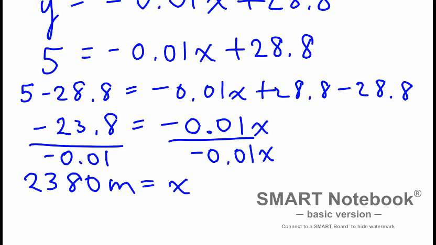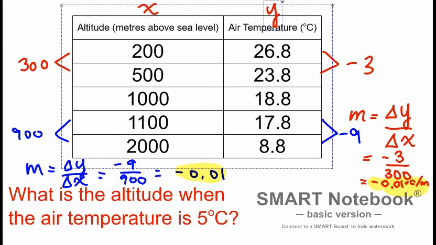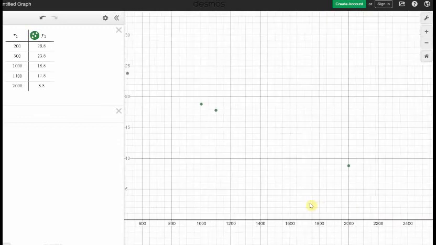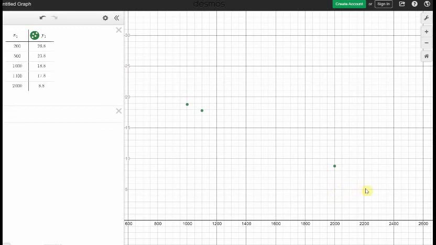And to figure out is that answer reasonable or not reasonable, remember what we've already been able to establish. Looking back at this table, we already knew the answer was going to be larger than 2,000 meters by some amount. Looking at the graph that we created, just to sort of give us a visual, at 5 degrees, it certainly looks like it could be somewhere between 2,200 and 2,400 meters.